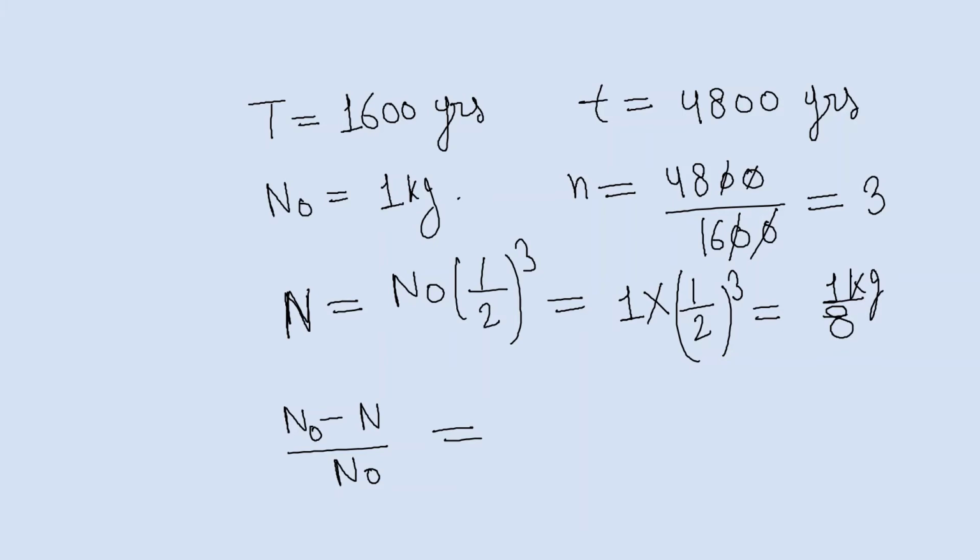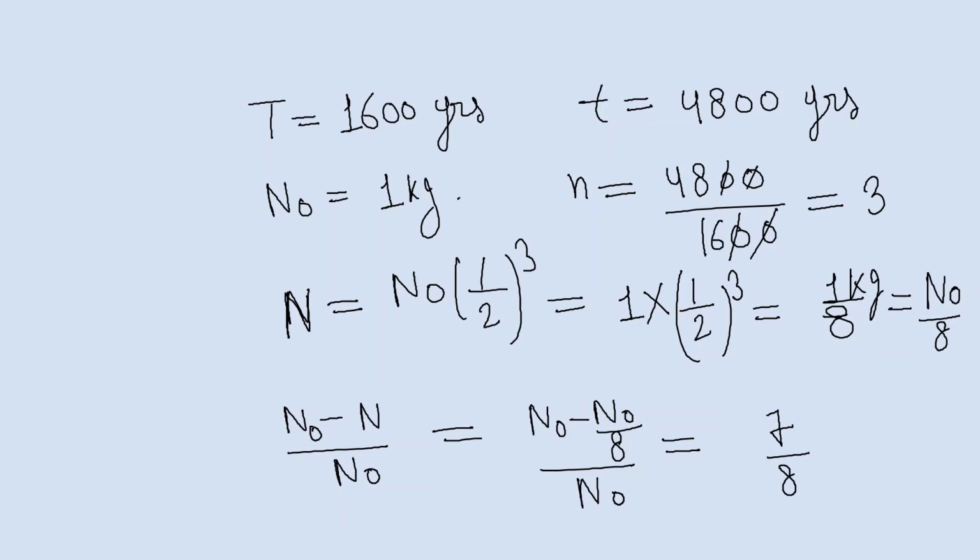We can write this as N naught minus N naught by 8, divided by N naught. So this will be equal to 8 minus 1, which is 7 by 8. So 7 by 8 fraction will be affected after 4,800 years. This is the answer of this question.